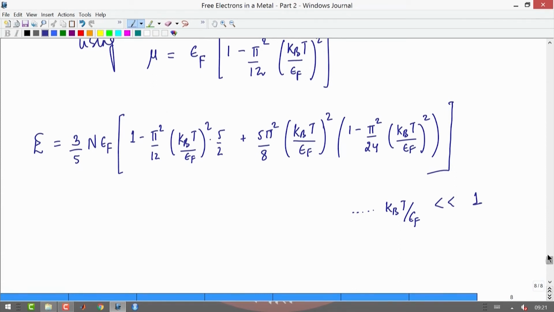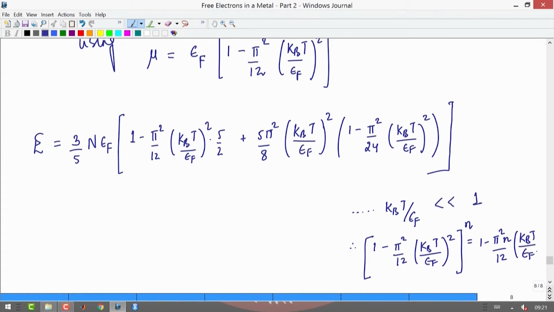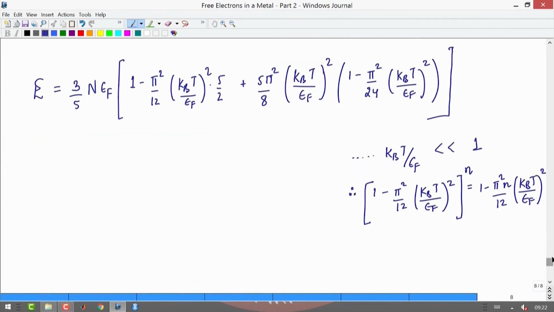So, I am going to write down just one of them, that 1 minus pi square by 12 into kT over EF the whole square raised to the power n is simply 1 minus pi square into n over 12 into kT by EF to the power 2. That is the approximation I have used. Okay. So, let us see what finally I have.